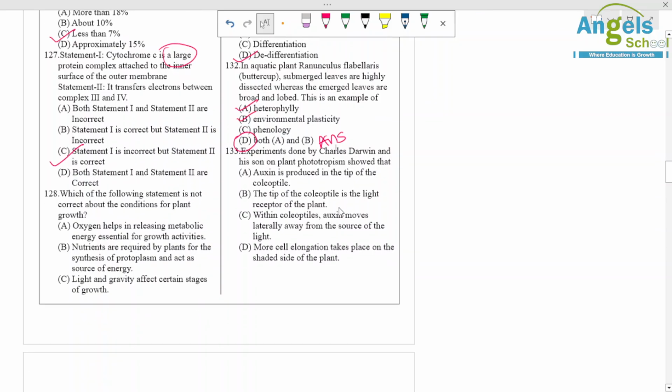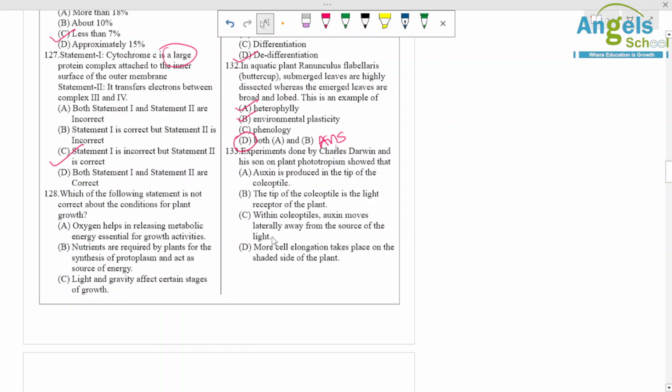Okay, question number 133. The experiment done by Charles Darwin and his son on plant phototropism showed that auxin is produced in the tip of the coleoptile. The tip of the coleoptile is the light receptor of the plant. Within a coleoptile, auxin moves laterally away from the source of light.